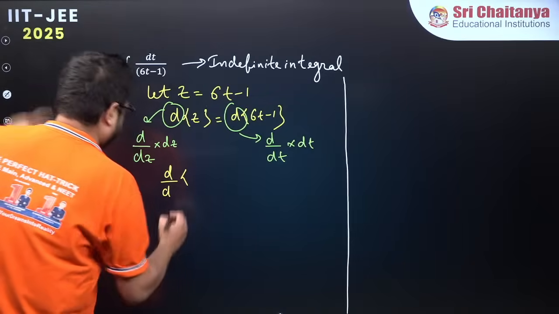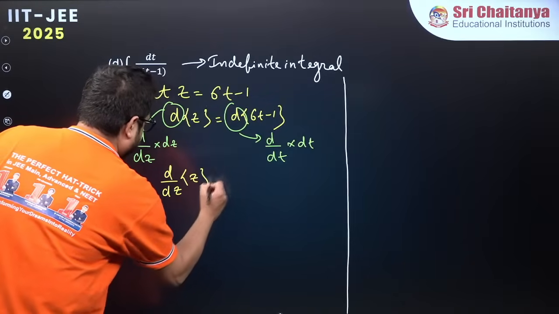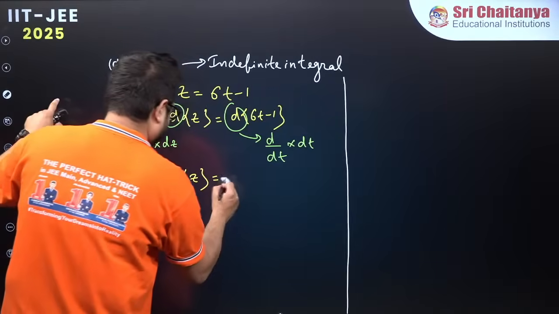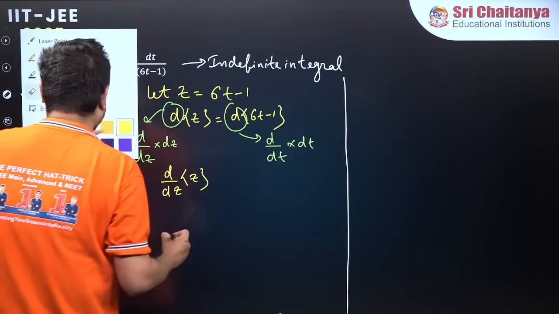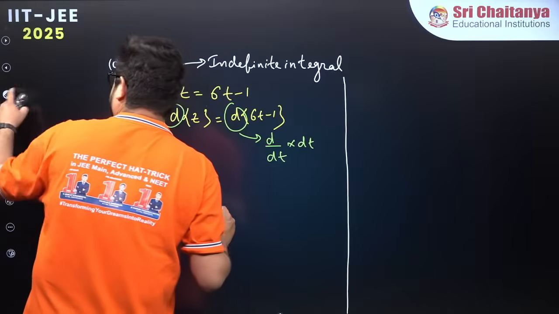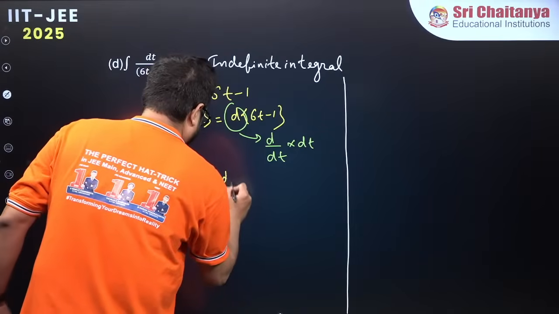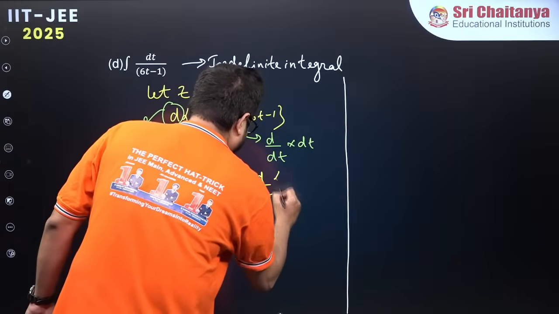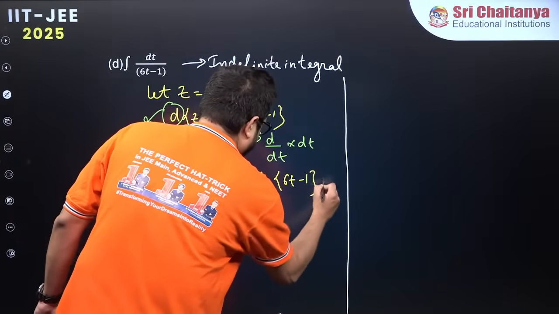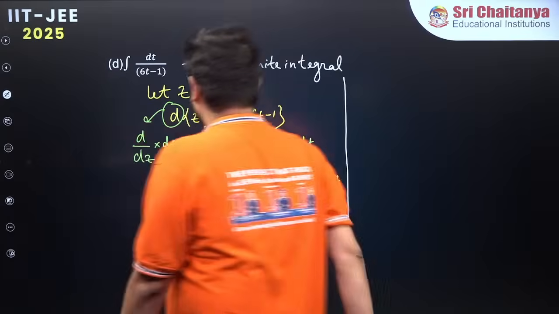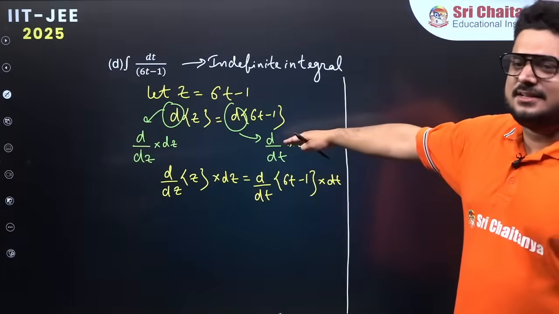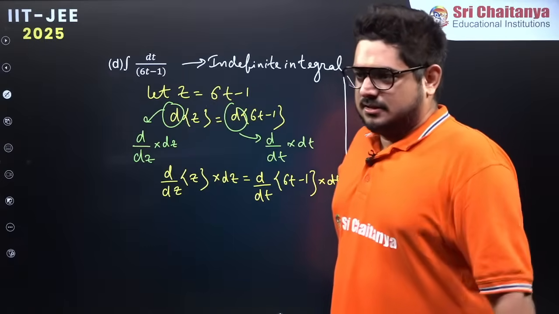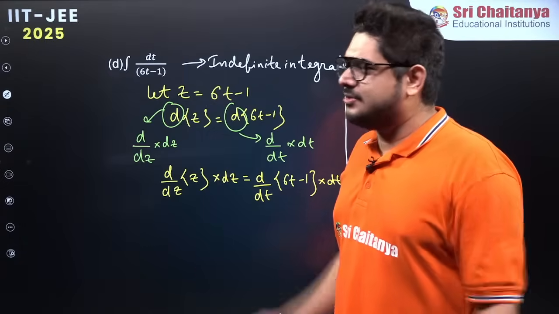This is going to become d by dz of z into dz, don't forget that dz which is associated with this expression itself, is equivalent to d by dt of 60 minus 1 into dt. Can I write it down like this, everyone? Yes or no?